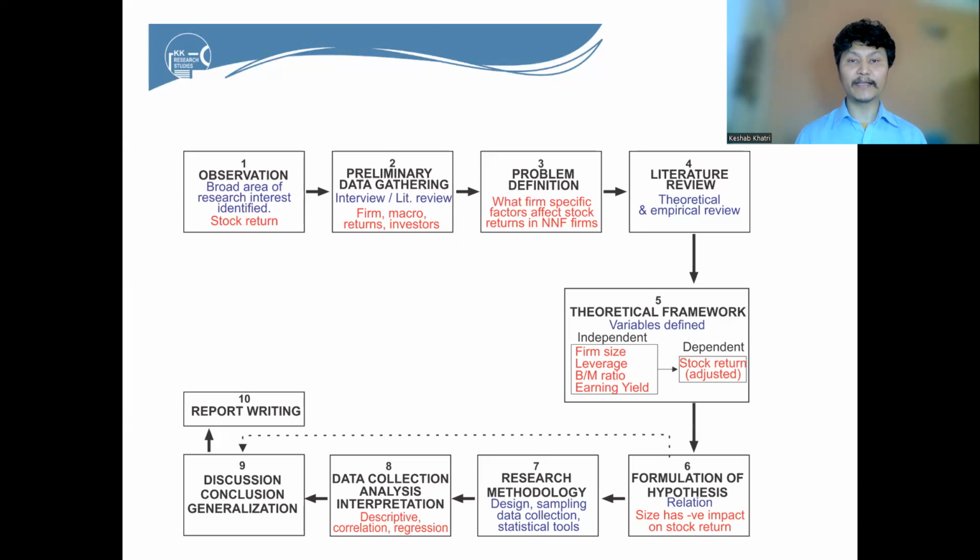Once we did that, we moved on to the 9th section, that is discussion, conclusion, and generalization. In discussion, whatever results have been found in step 8 have to be discussed with the findings observed in the literature review, in the empirical review, because we have to discuss what results were obtained in similar circumstances in different parts of the world in different periods of time.